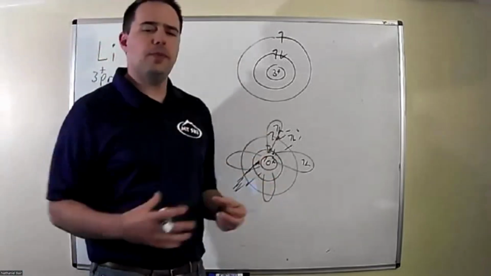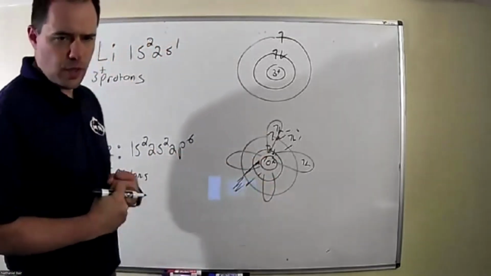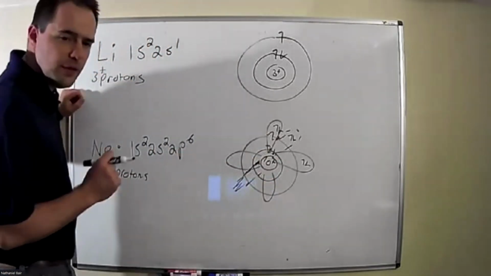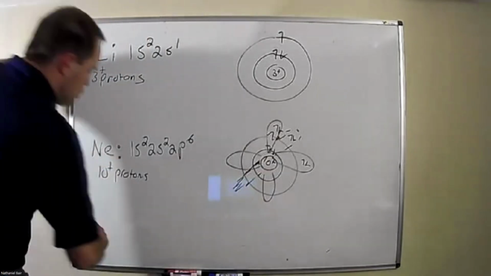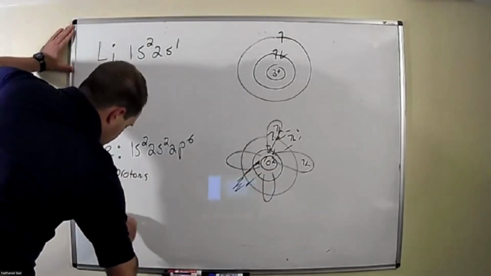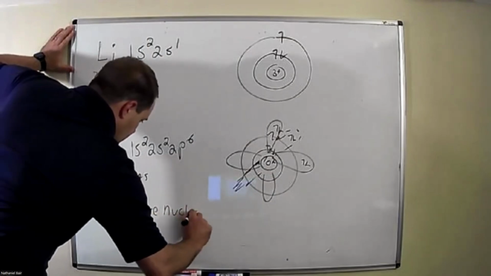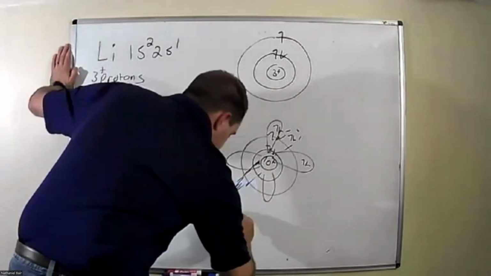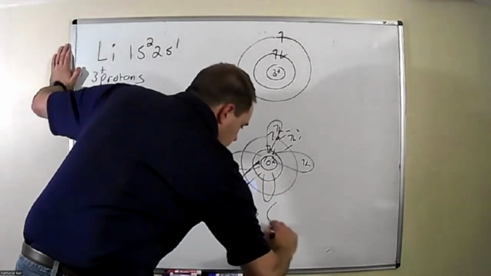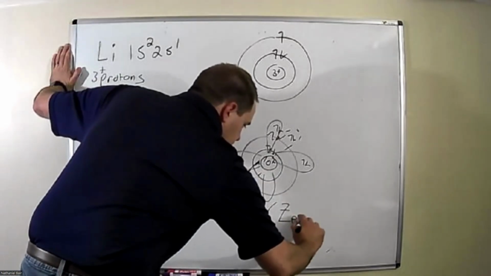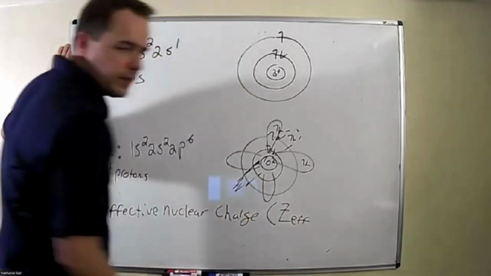Okay, the amount that a nucleus pulls the electrons in is called the nucleus's effective nuclear charge. Effective nuclear charge. That's abbreviated capital Z sub eff, Z effective.